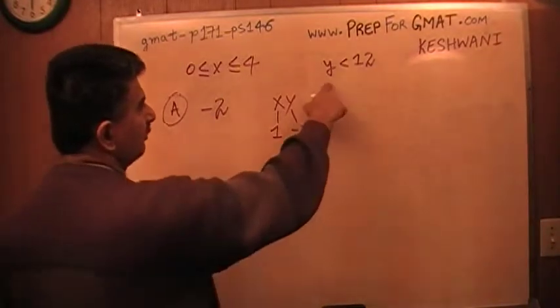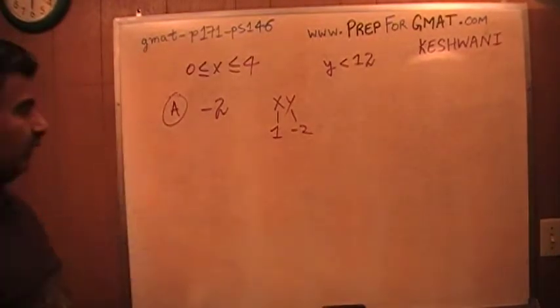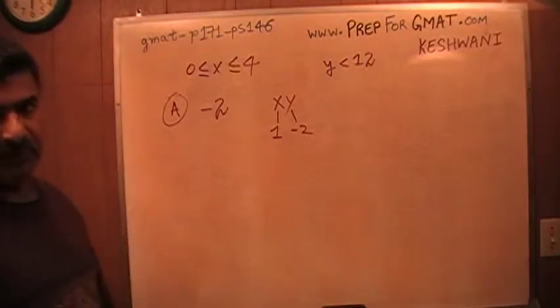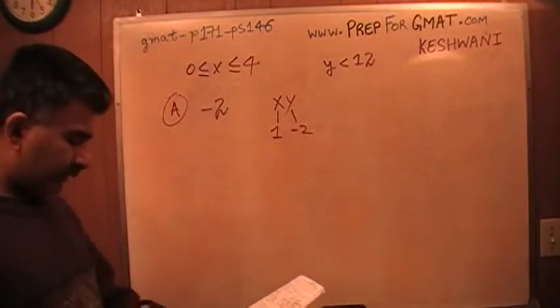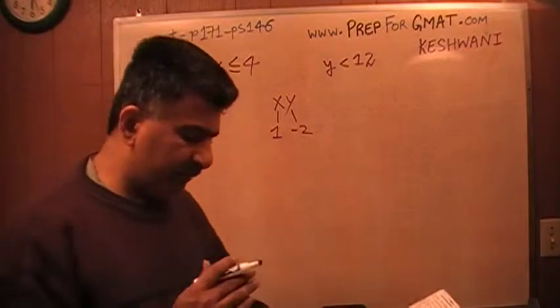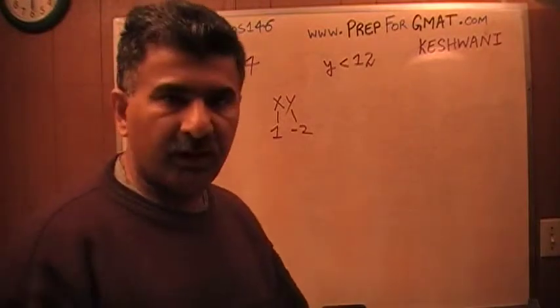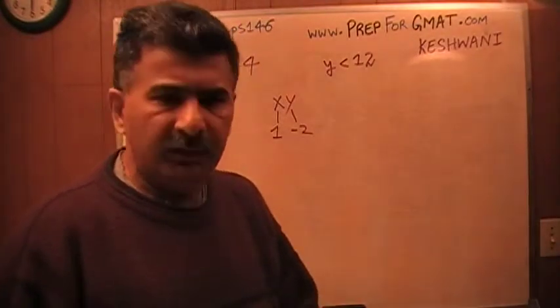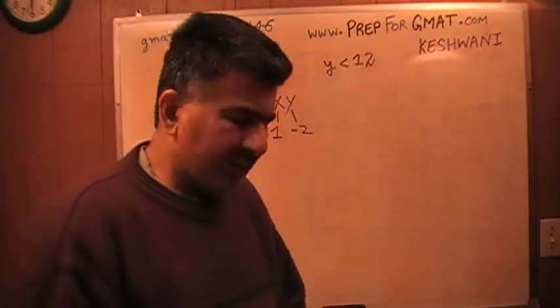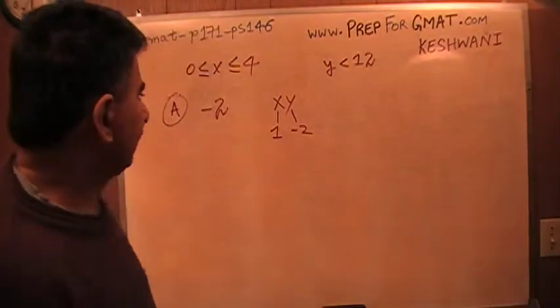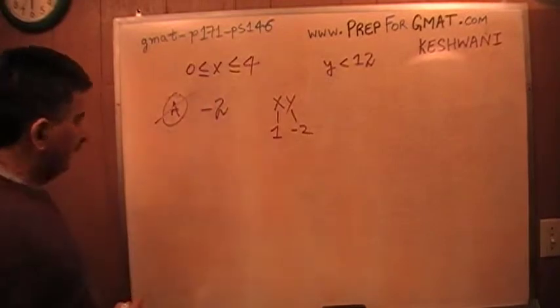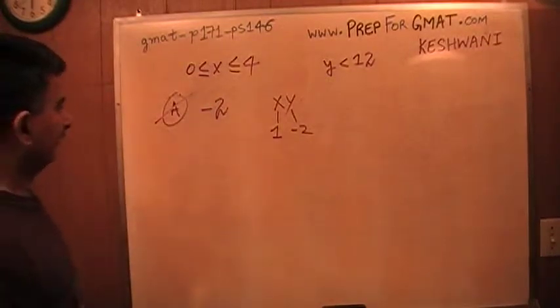Since there is no limit on y, it could be as low as anything you want. There are millions of possibilities. This is just one possibility. They just tell you that x is between 0 and 4 and y is less than 12. They don't tell you whether they can be decimals, so they could be anything. So x times y can be negative 2. A is not the answer.